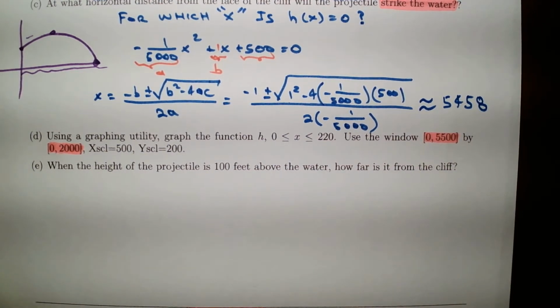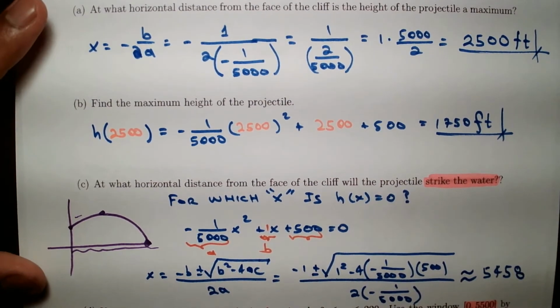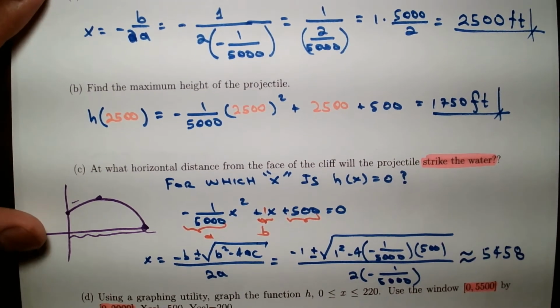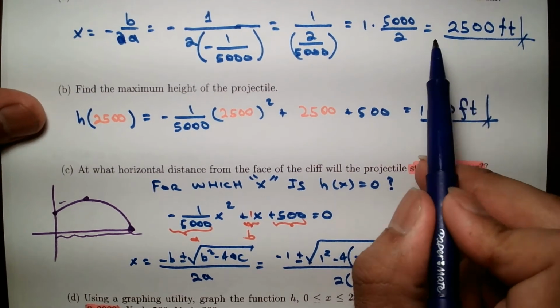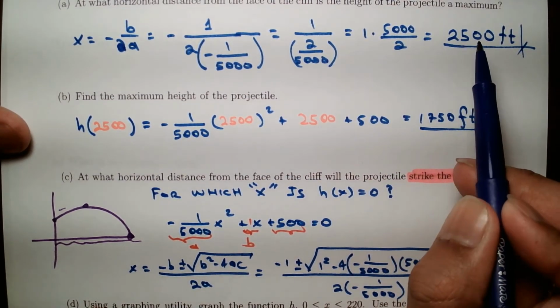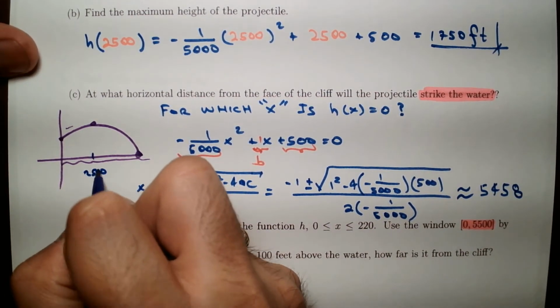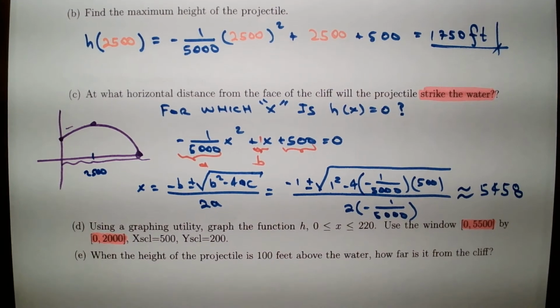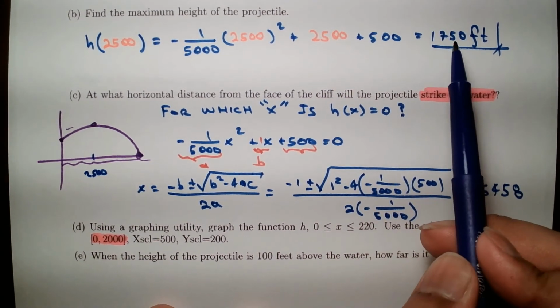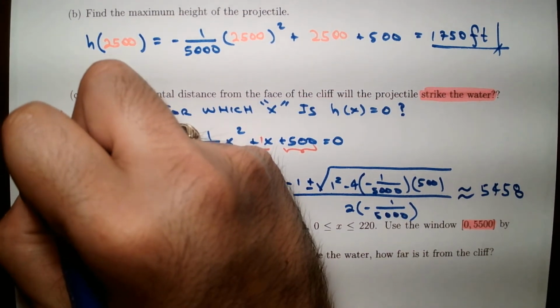Let's go back to the max. The value of x at which the function is maximum is x equals 2500, basically here, and the maximum is y equals 1750.